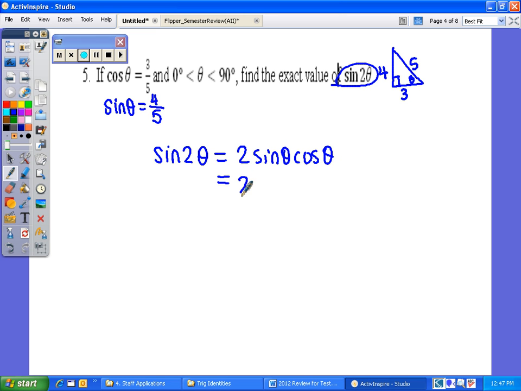I know sine theta is 4/5 and cosine theta is 3/5. Using your calculator, you can just multiply across, and you wind up getting 24 over 25. So you will be needing to use these triples for your half angles, your double angles, and your sum and differences. All right, now to the back.